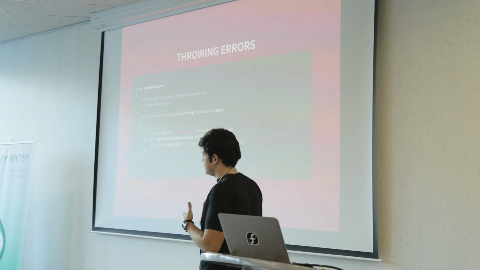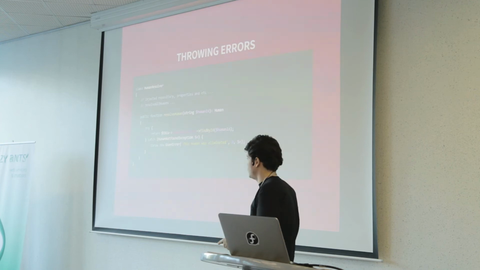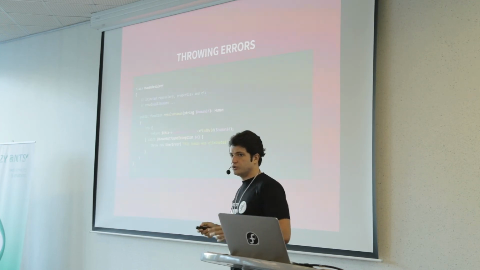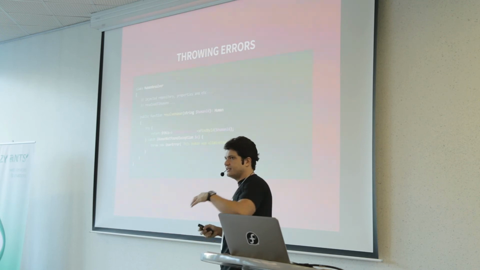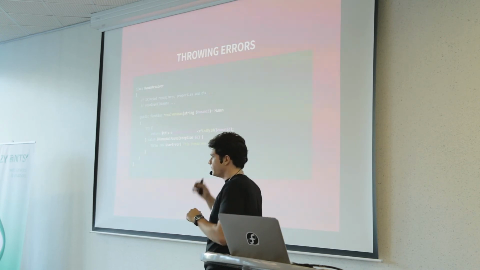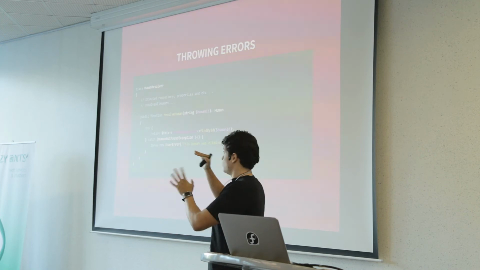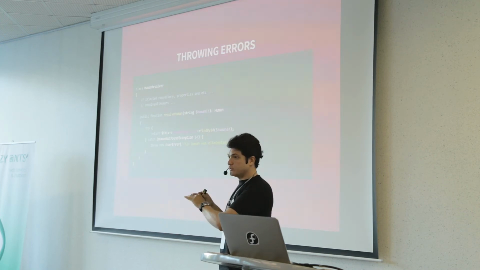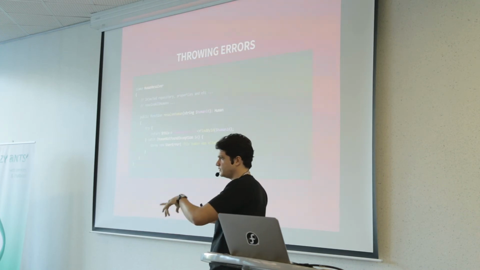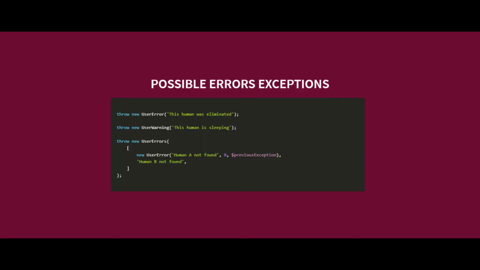So let's say in this case, Luke Skywalker was dead, and then we say, hey, this human was eliminated. And then we just throw this error. And that's going to result exactly in what we saw on the errors before, showing like, oh, we can't resolve that because this human was eliminated on line 15, column 10, for example.